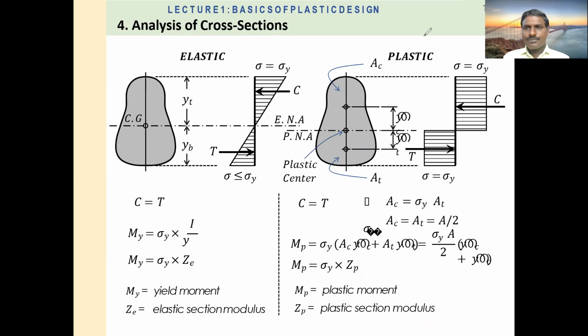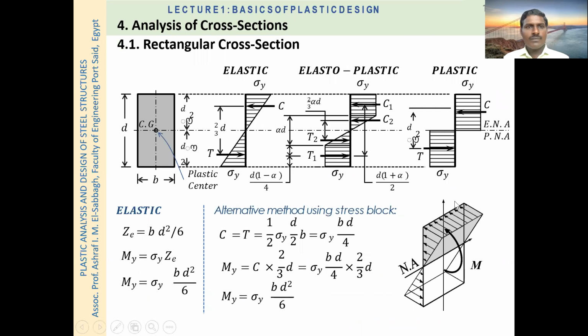Now we can take the example of the rectangular section. We have taken the example of an irregular shape, and now we will take the example of a rectangular cross section.